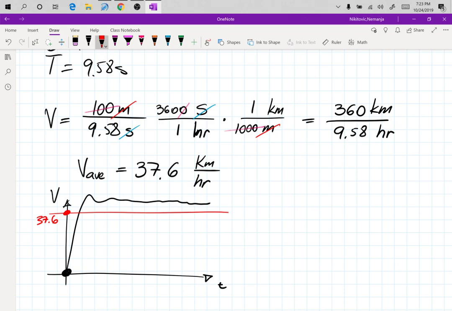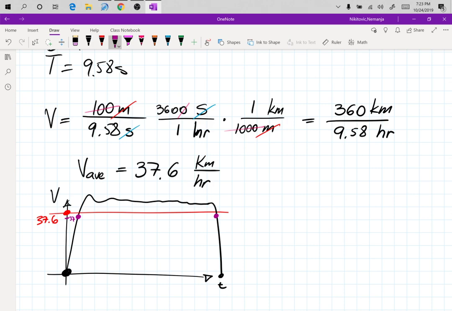And you know what? This runner eventually ended the race and stopped as well. So the speed of this runner went up and down and up and down and so on. So he went at least twice through 37, a little bit less than 37.6.